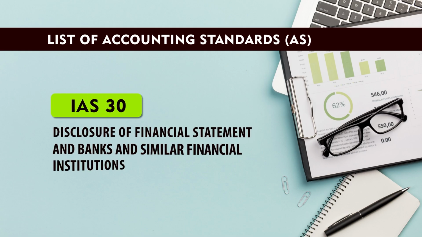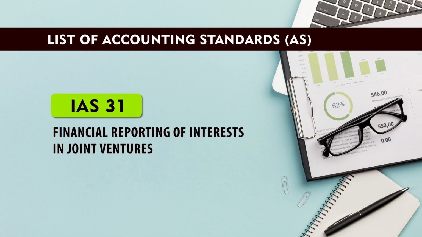Then the next one is IAS 30, that is disclosure in financial statements of banks and similar financial institutions. IAS 31. So this accounting standard stands for financial reporting of interests in joint ventures.